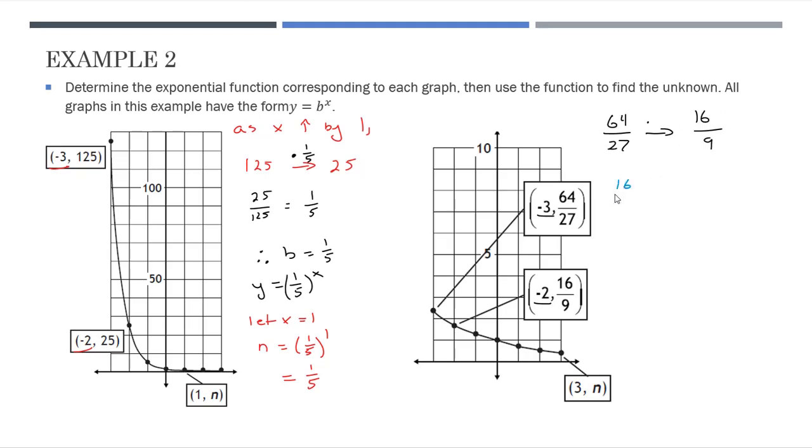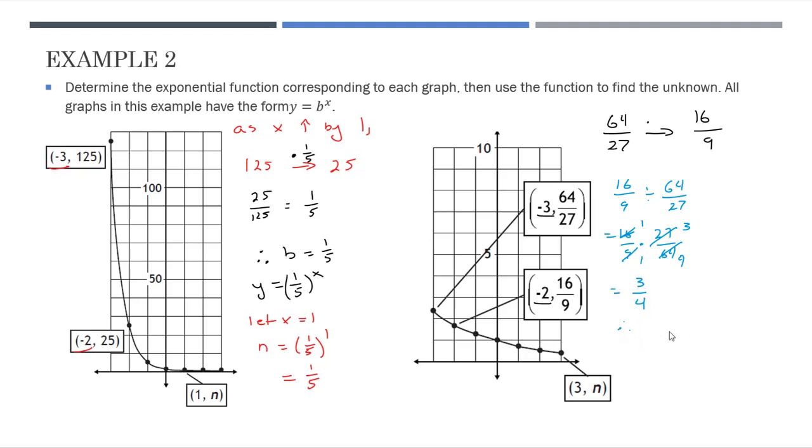So 16/9 divided by 64/27. We're going to reciprocate the second fraction. So we get 27/64. Now we have some common factors here of 9. So this becomes 3. That becomes 1. Common factor of 16. So this becomes 4 and 1. So we find out, okay, that's 3/4.